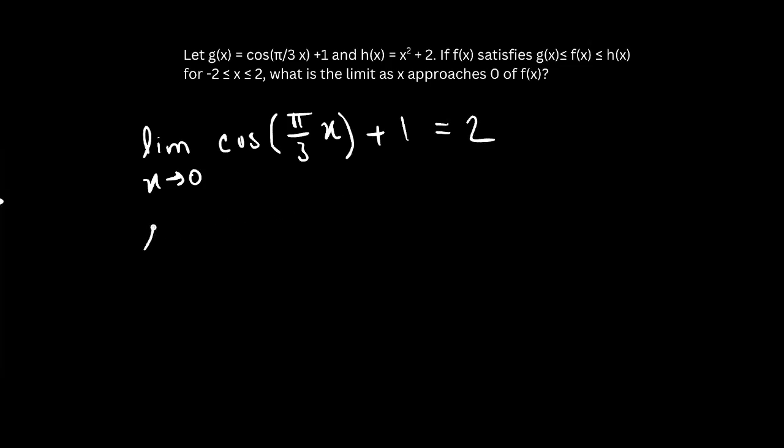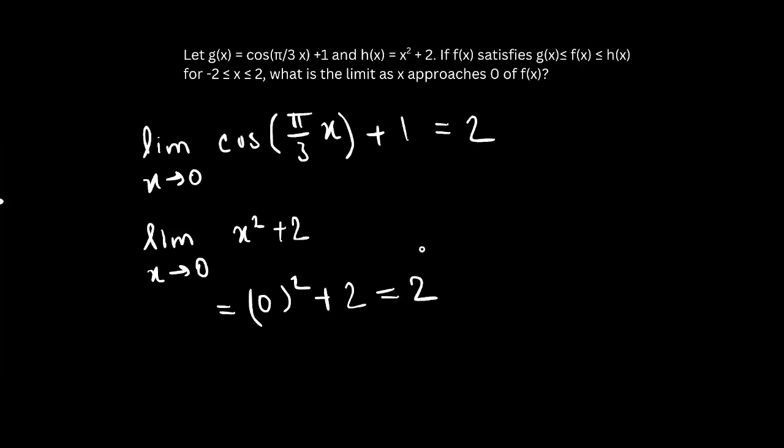Now if we wanted to find the limit for our h of x, we would see that our h of x here is x squared plus 2. Once again, we can use direct substitution, and we see that 0 squared plus 2 is simply equal to 2. So in this case, unlike in the last problem, the limits of our outer functions, g of x and h of x, are actually equal.